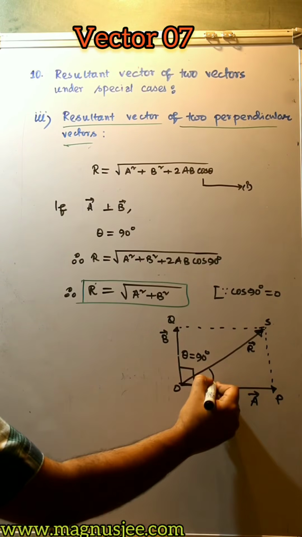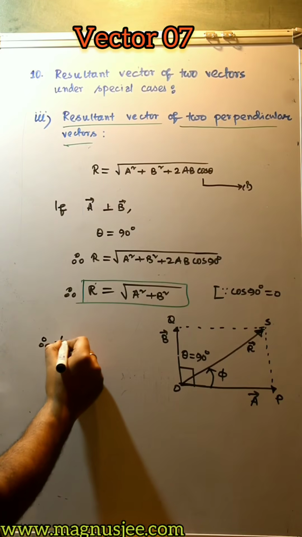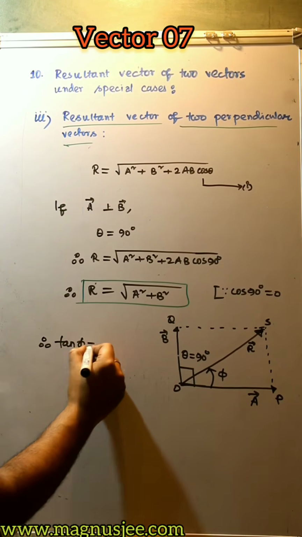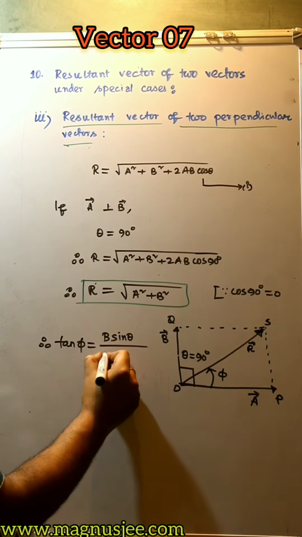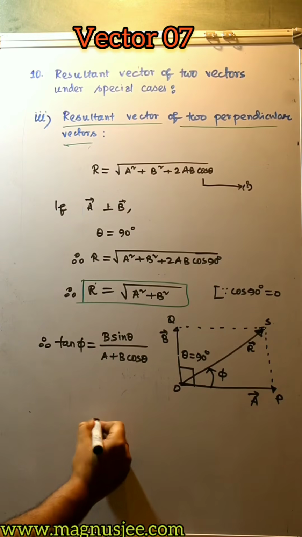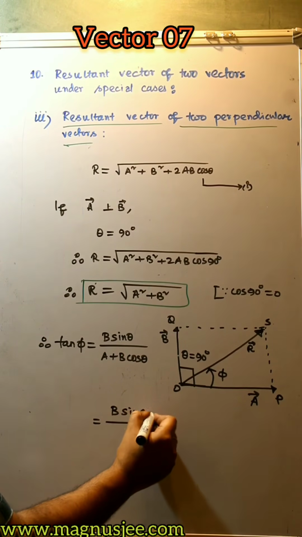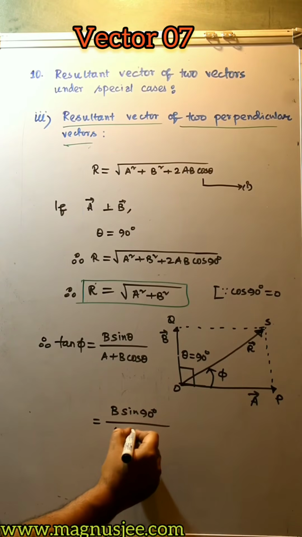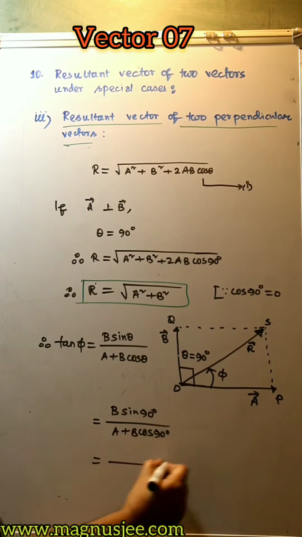Now you have to find the direction of R. Let vector R act at an angle phi with vector A. So tan phi equals B sin 90 degrees, that is B sin theta, divided by A plus B cos theta. Here theta equals 90 degrees. So B sin 90 degrees divided by A plus B cos 90 degrees.